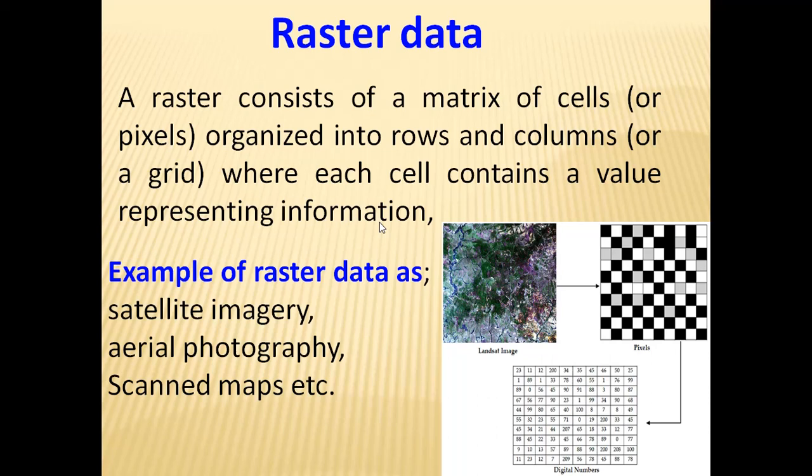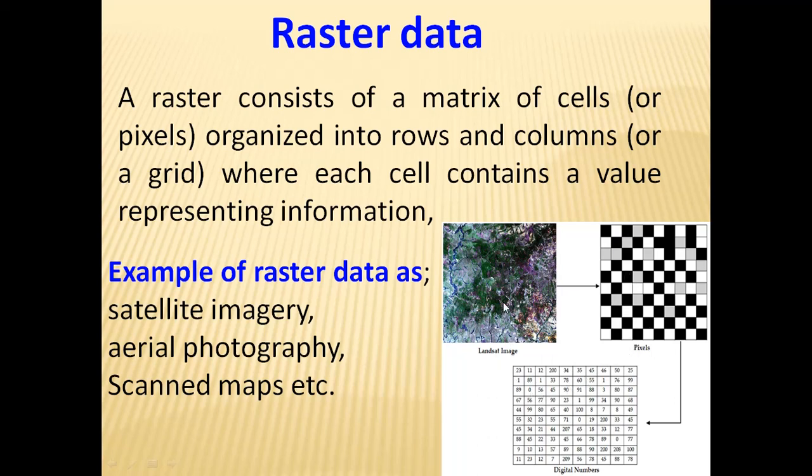How do we visualize raster data on the image? It is just a matrix of cells, organized into rows and columns. If you observe here, this black and white pixel matrix has rows and columns.